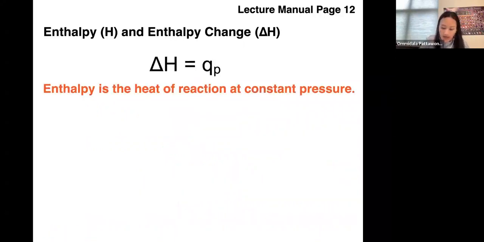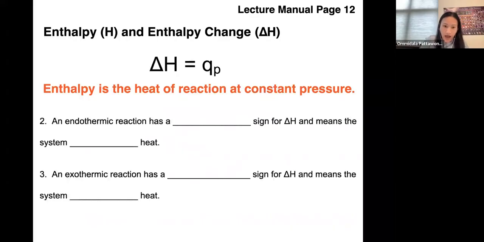The next thing I would like to look at is how we're going to tie this back into the endothermic and exothermic processes that we learned earlier, right? So when we talk about endothermic, we already know about the sign of Q. So in this case, the sign of delta H would be the same, right? So if endothermic has a positive sign of Q, therefore it's going to be the positive sign of delta H as well.